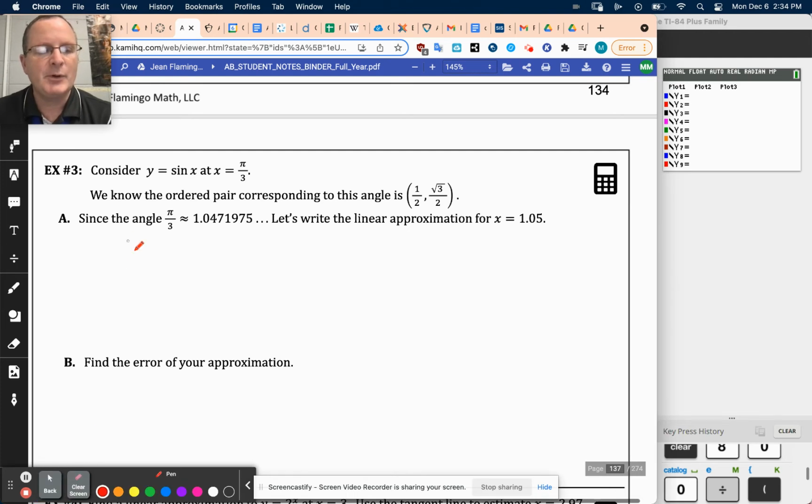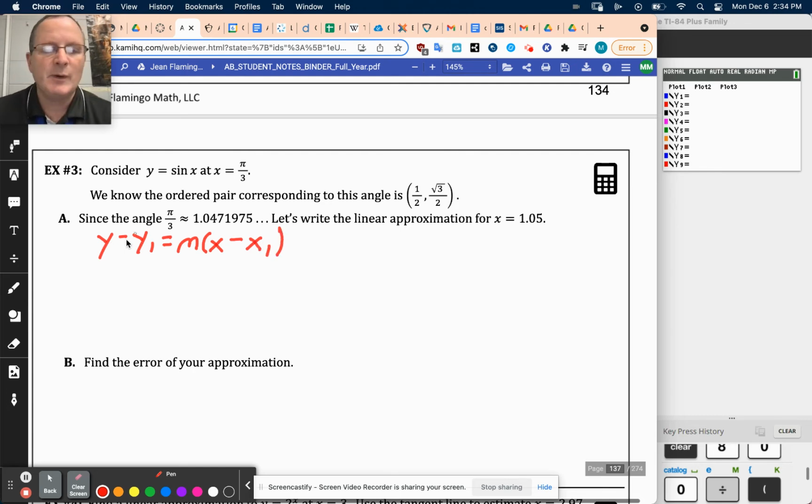It's still the typical thing. I'll write the old version first: y minus y1 equals m times x minus x1. But they want you to use function notation here, and you can, or you don't have to.